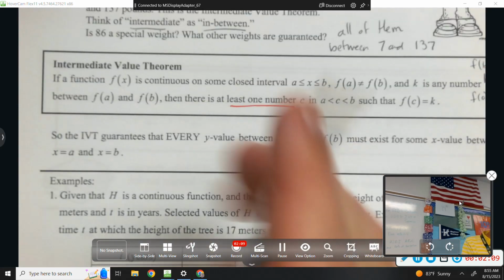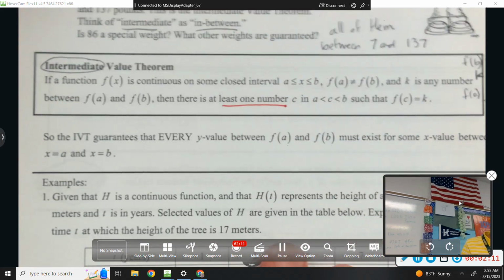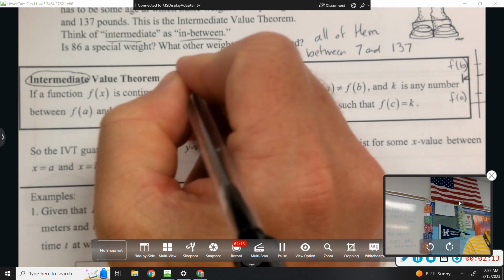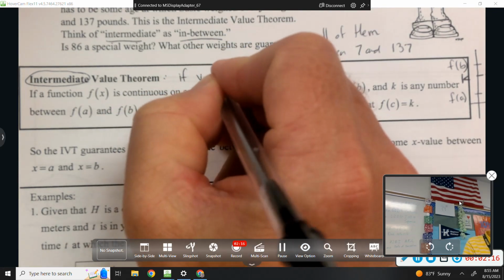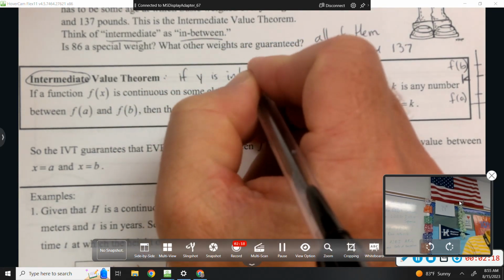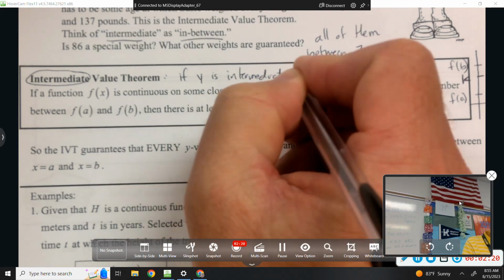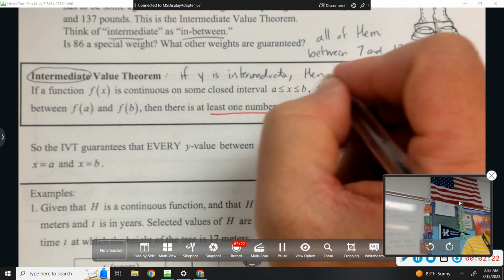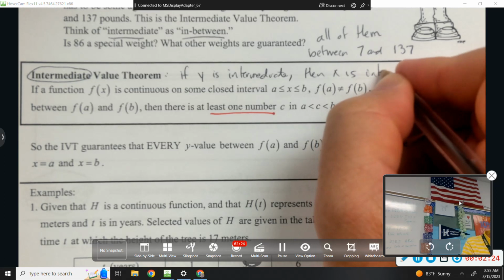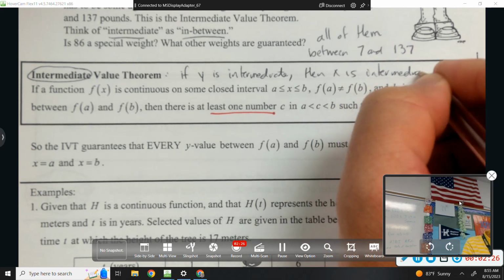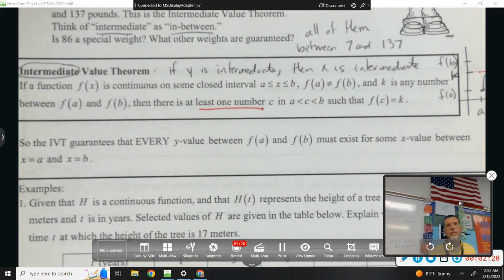So the intermediate part is, here's the super slingy way to say it. If y is intermediate, then x is intermediate. If the y is in the middle of the y's, then there has to be an x that's in the middle of the x's.